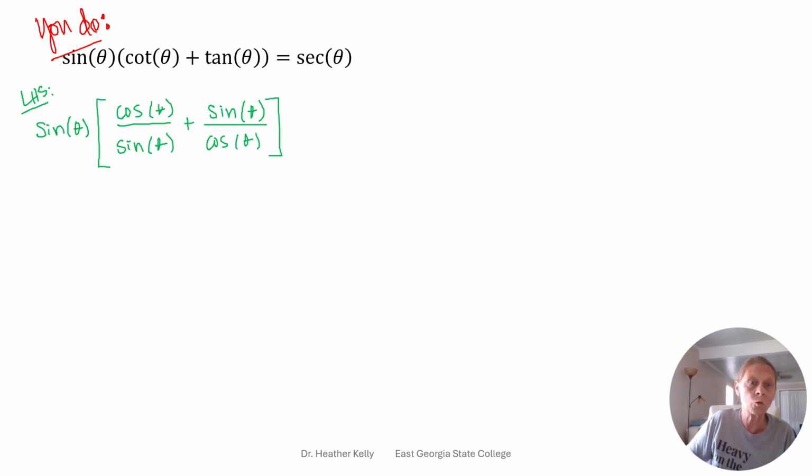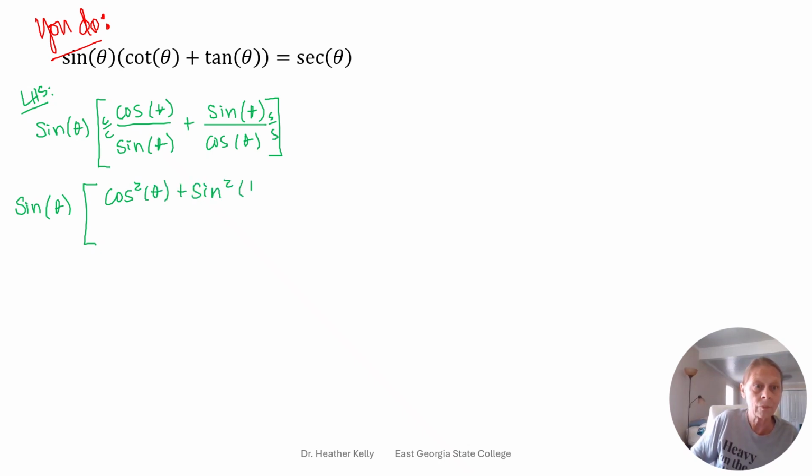So I'm just going to work with this one piece right here. I'm going to drop my sine theta off here, and we're going to have to do an LCD situation, and this is going to be cosine over cosine, and this is going to be sine over sine. So we're going to wind up with cosine squared theta plus sine squared theta all over our sine theta cosine theta.